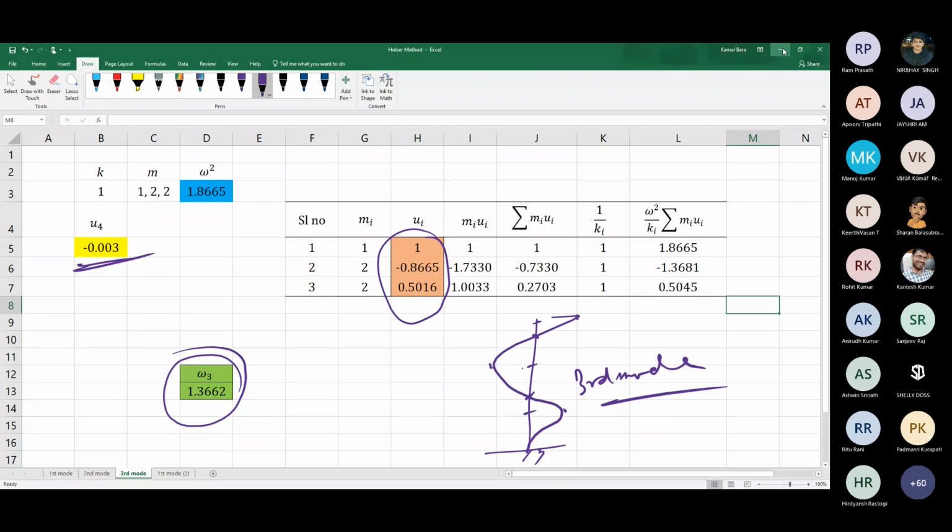Excuse me, sir. Yes. Sir, can you please extend the deadline by one more day? Extend the assignment deadline for just one more day. No, that is not possible because I have given too much time. The problems are very simple: just find the eigenvalue and eigenvector, and verify.